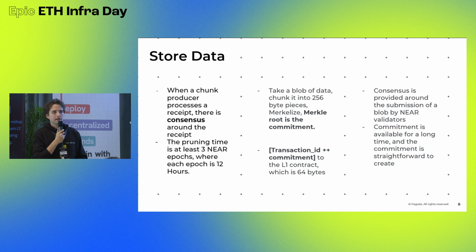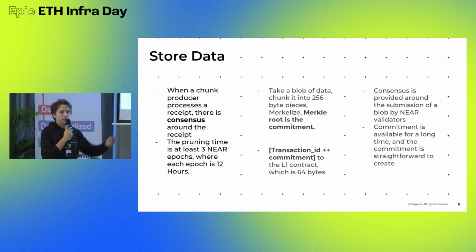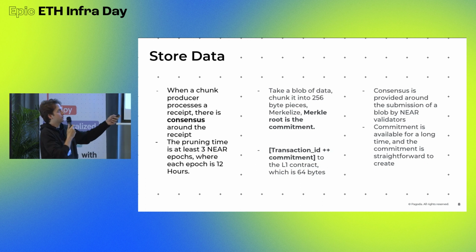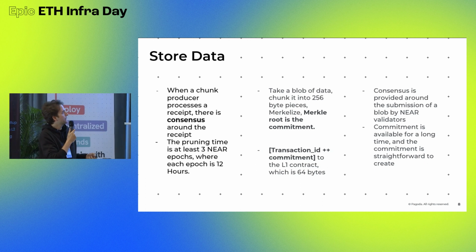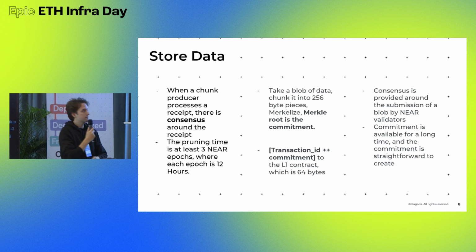What do we do with the data that we're getting? It's really easy to understand, actually. We take a blob of data, chunk it into 256-byte pieces, we Merkleize the whole thing, we get the Merkle root for the commitment, and then we take the transaction ID from NEAR, put the commitment next to it, and push it to L1 data. It's just 64 bytes.